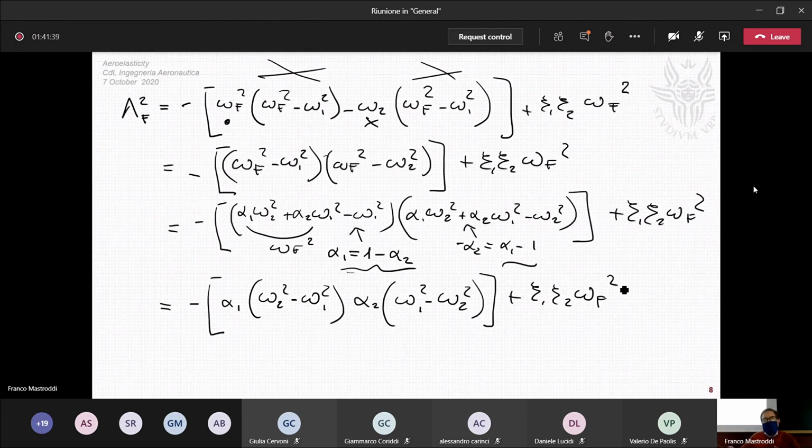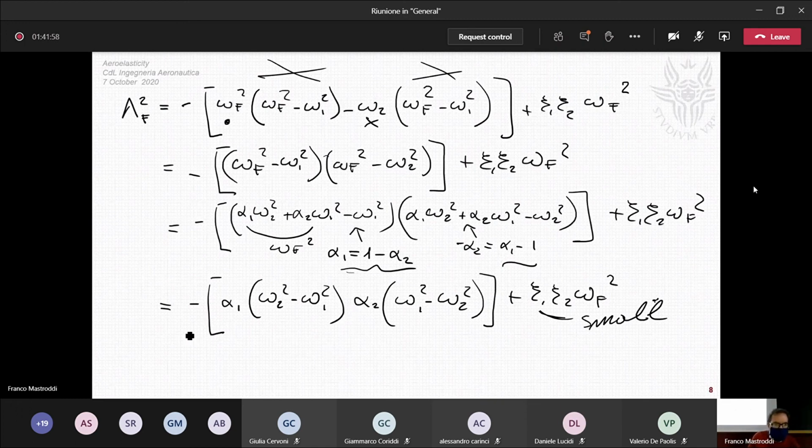Note that I don't want to substitute omega flutter here because this is a very small contribution, small, with respect to the rest of this expression. Okay, almost finished, because here we have alpha 1 by alpha 2.